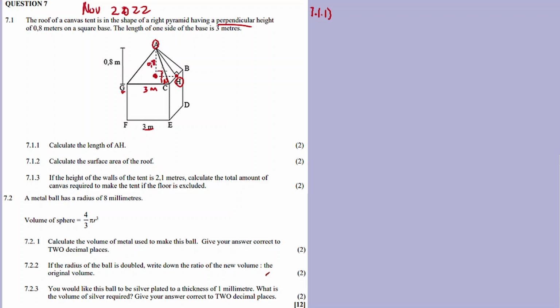Since this is 90 degrees, this height is perpendicular, so we will use the Pythagoras theorem. AH, which is the hypotenuse, is equal to 0.8 squared plus 1.5 squared.